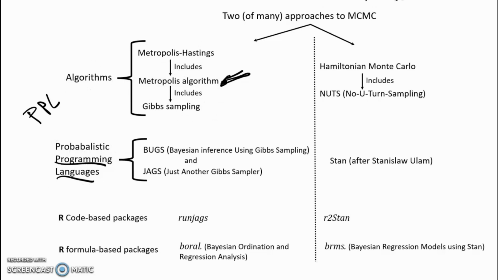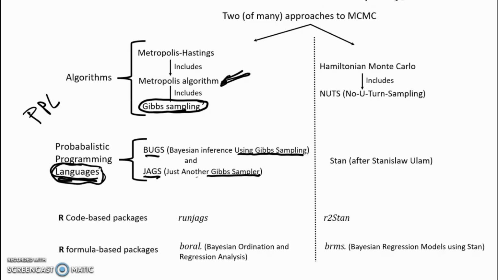Now, if we're going to use as our algorithm a Gibbs sampler, there's a couple languages that are appropriate for Gibbs sampling. One is BUGS, Bayesian inference using Gibbs sampling. Another is JAGS, just another Gibbs sampler. So these are the languages.